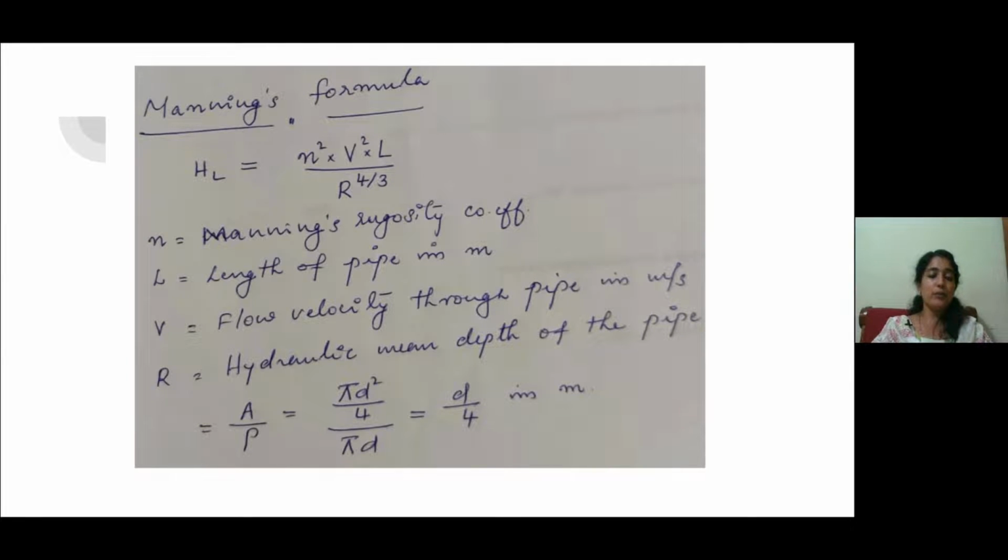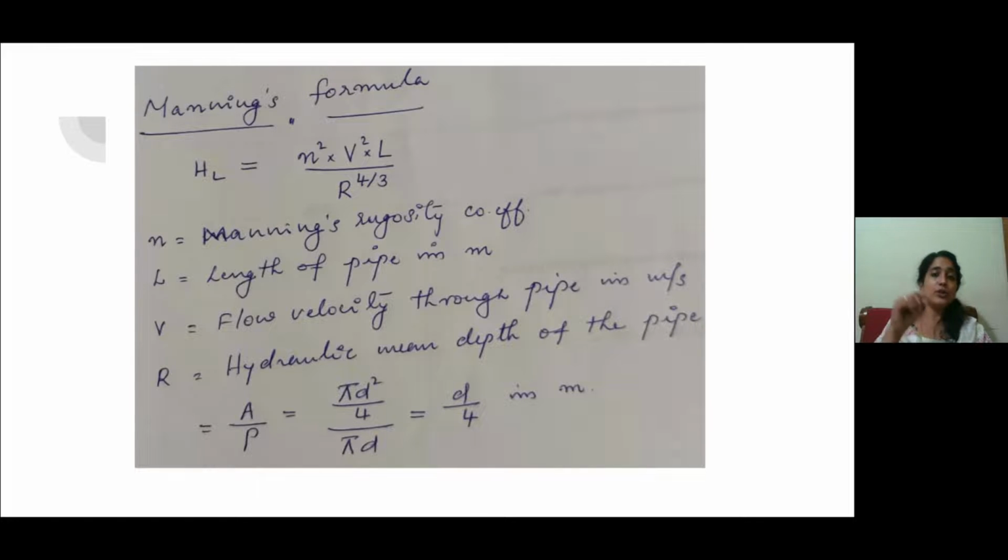Here is the Manning's formula, that is the head-loss equation. HL is equal to N square V square into L divided by R raised to 4 by 3. Here N is the Manning's rugosity coefficient which will be given, and L is the length of the pipe in meter, V is the flow velocity through the pipe in meter per second.